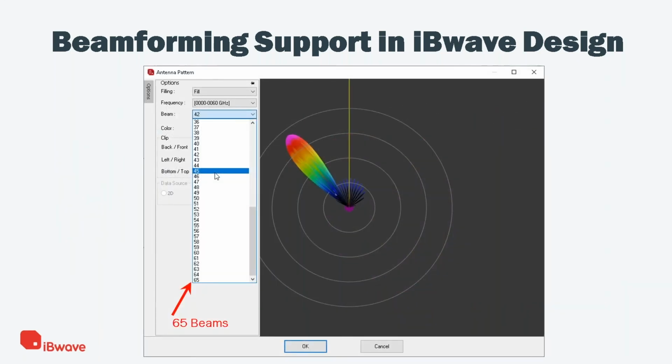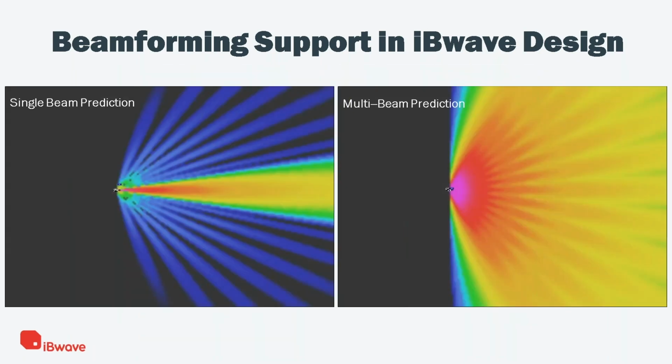In IBWave, you can create a multi-beam antenna with a different number of beams. In this particular case, I am showing an antenna of 65 beams, and you can assign different beams to different antenna ports of the antenna. Then you can run the prediction using all the beams combined, or using a particular beam. Here I'm showing two predictions, one with a single beam on the left side and one with the multi-beam prediction, which is all combined beams, to see what the coverage is if all these beams are available at the same time.